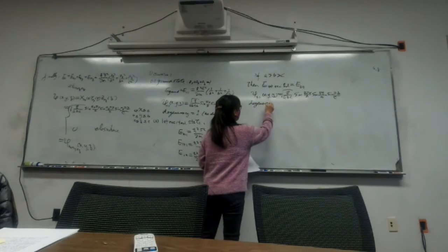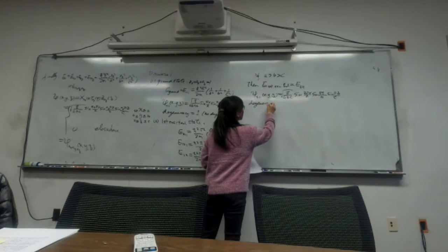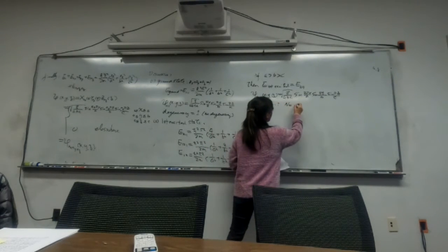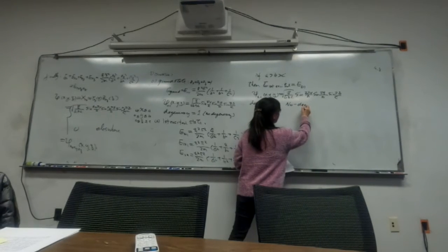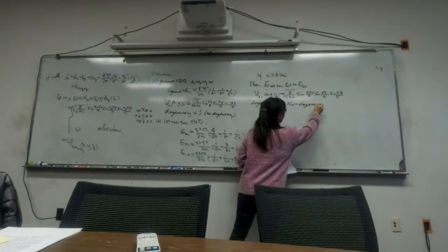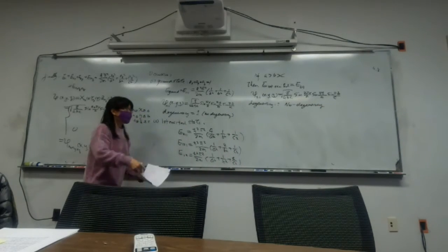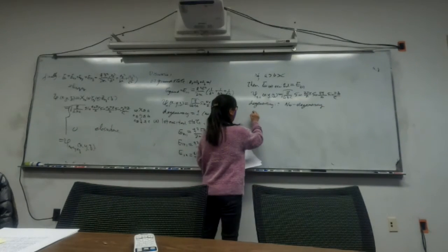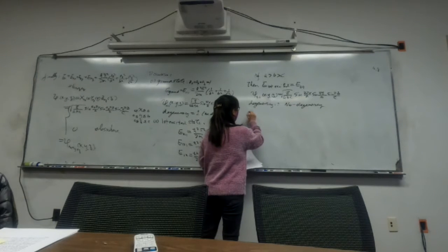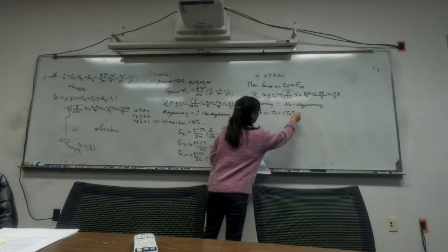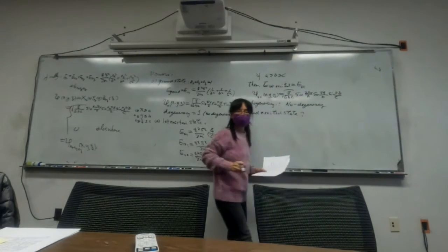How many states? No degeneracy, right? Again, because no other states have the same energy as this one. So do the same thing. If I ask you for the second excited state, I leave it for you. Think about it, if we still use this condition, which one?